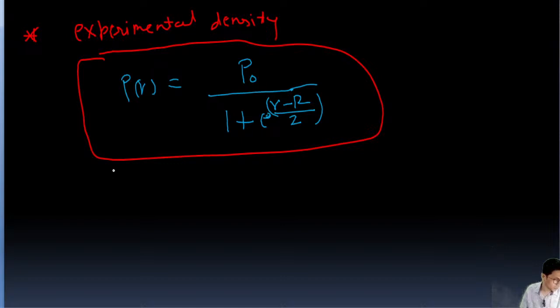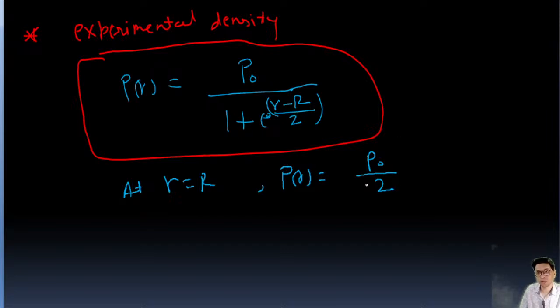Okay, so in case let small r equal to capital R, in that case rho r is going to be rho naught by 2, because e to the power 0 equal to 1, 1 plus 1 is 2, rho naught by 2.